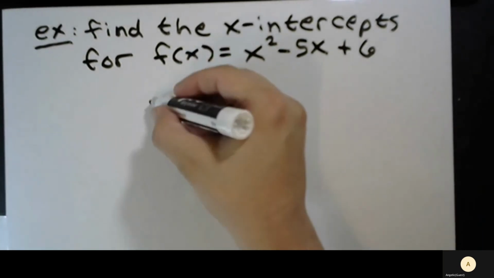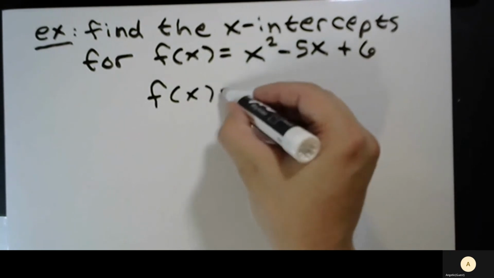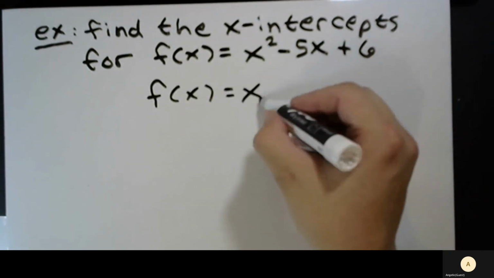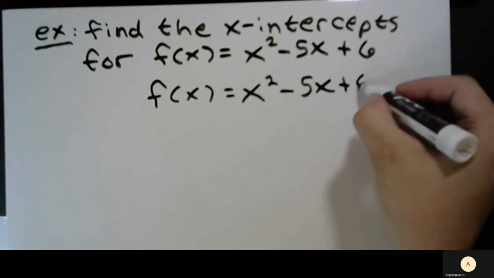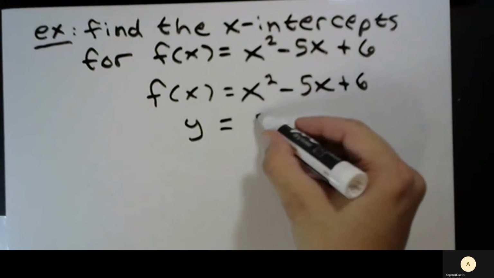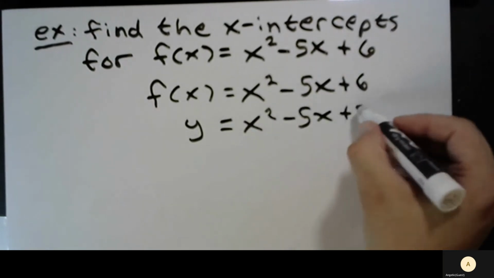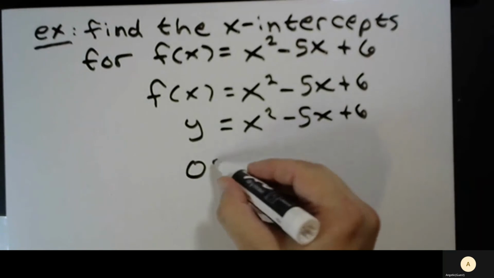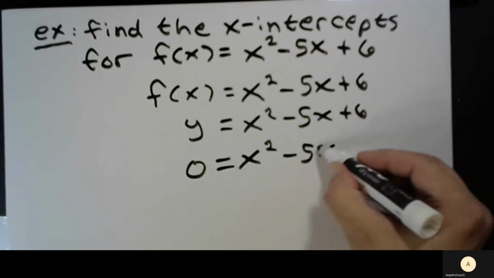Well, again, what we're going to get, make f of x the y, and we put y equal to 0, we're going to solve for x.